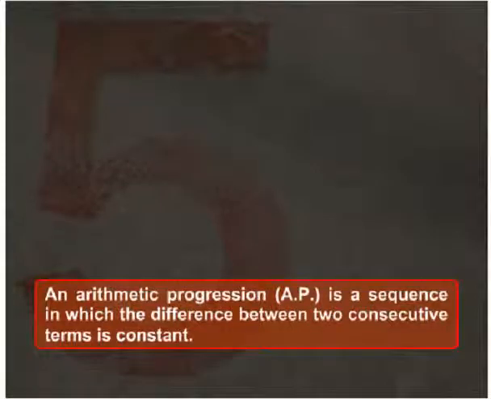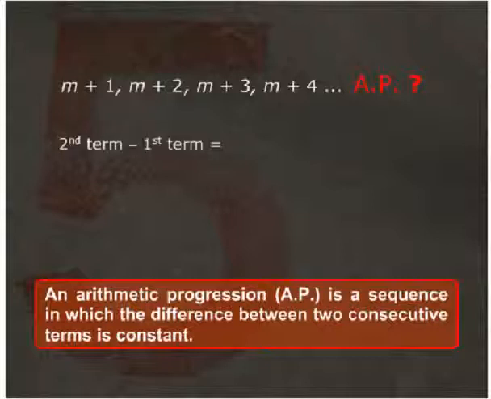Let's look at one more example. For a real number m, does the sequence m plus 1, m plus 2, m plus 3, m plus 4, and so on form an AP? Let's apply our test. Difference between the second and the first term, m plus 2 minus m plus 1. M gets cancelled and we have 1.